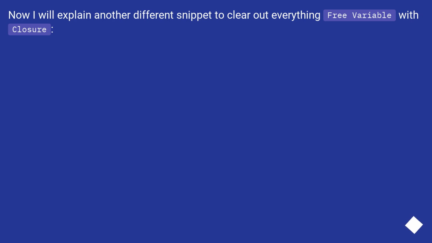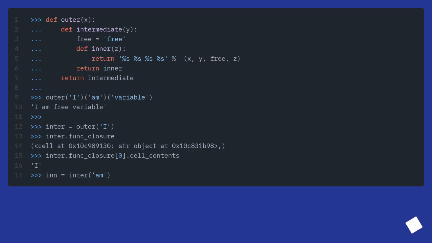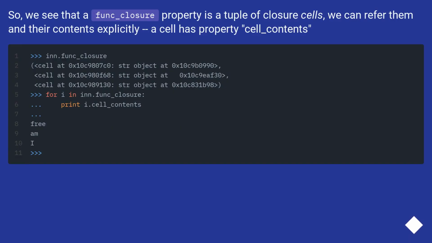Now I will explain another different snippet to clear up everything about free variables with closures. So, we see that the func_closure property is a tuple of closure cells.